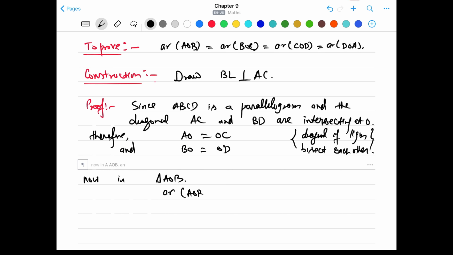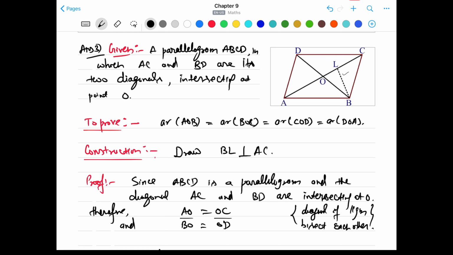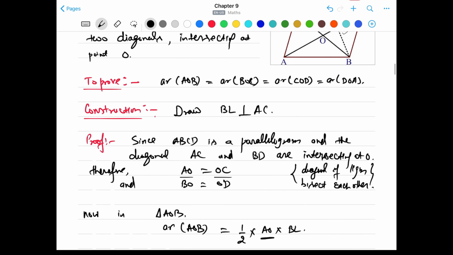So what we did here is, since ABCD is a parallelogram, the diagonals bisect each other, therefore AO equals OC and BO equals OD. In triangle AOB we calculated the area by the formula half into base into altitude.